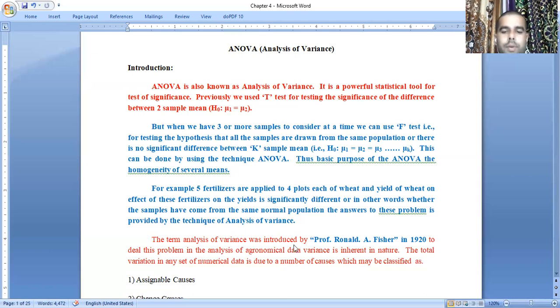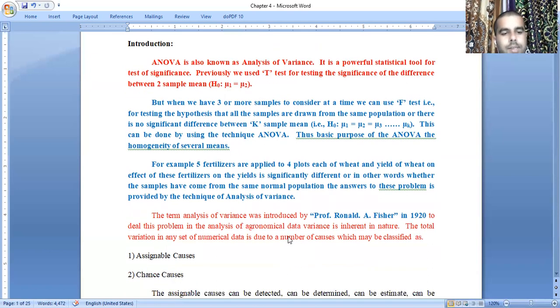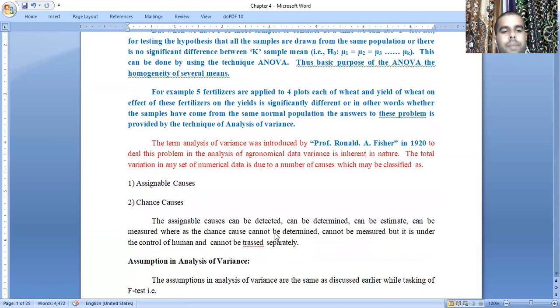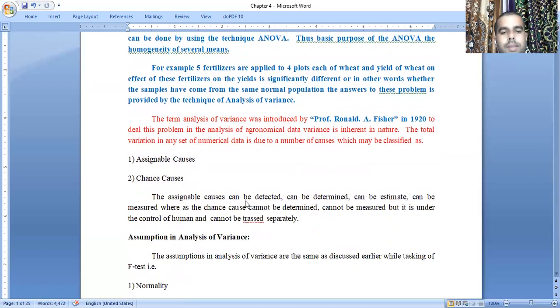So here, assignable causes and chance causes. See carefully here: assignable causes can be detected, can be determined, can be estimated, can be measured, whereas chance causes cannot be determined, cannot be measured, but they are under the control of human and cannot be traced separately. Here an assignable cause is nothing but one that can be detected.